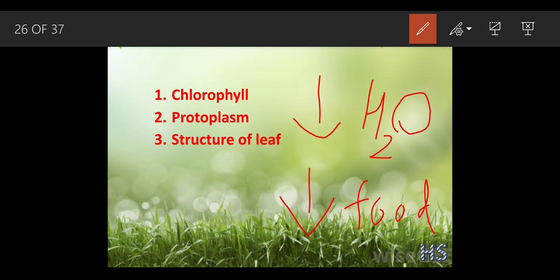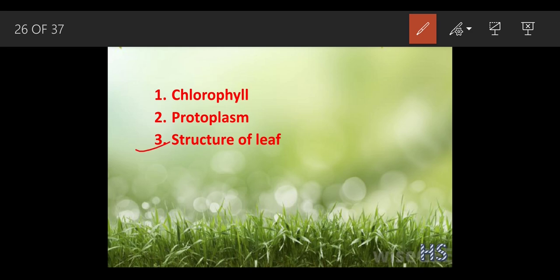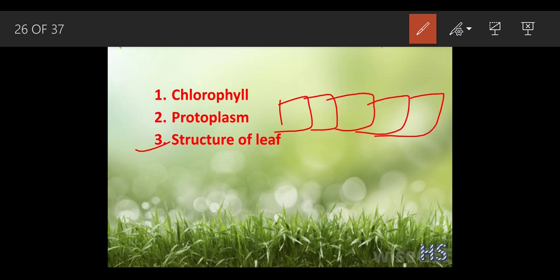Now the structure of leaf. The thickness of cuticle. Okay. See, we have already studied in the adaptation of plants that the cuticle should be transparent and waterproof. Suppose this cuticle part is very thick in nature, not thin, thick, so what is going to happen?